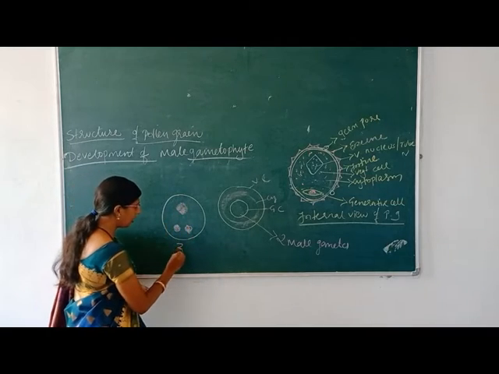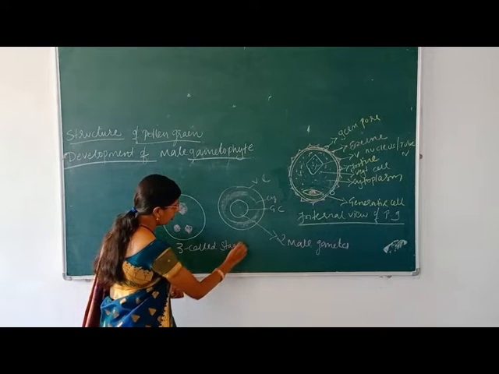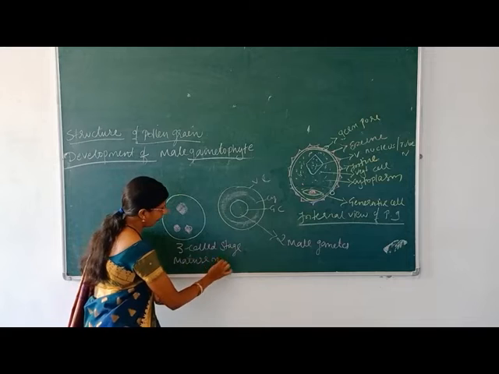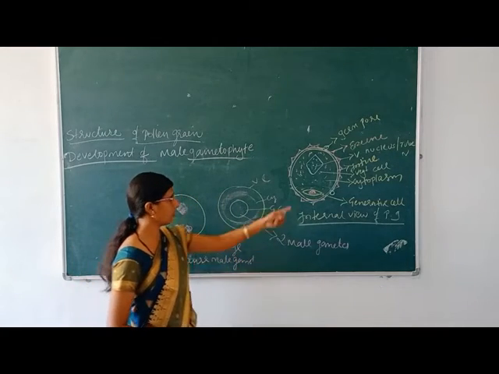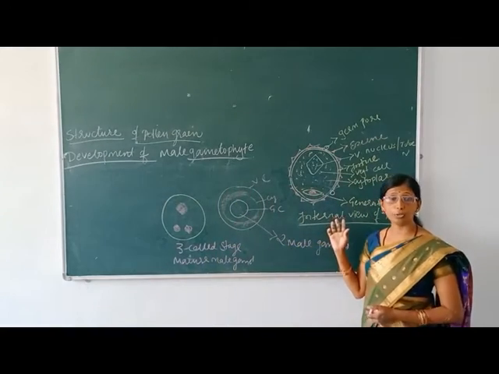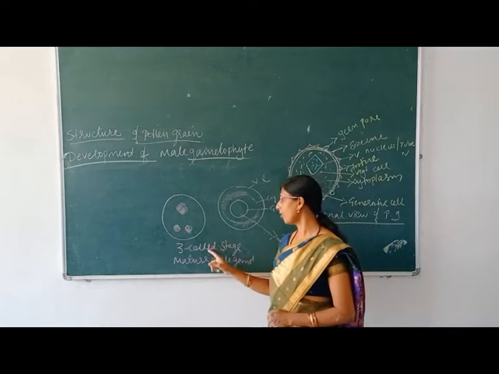Now it is called the 3-cell stage, a mature male gametophyte. The two-cell stage is called partially developed because there is no formation of male gametes yet.